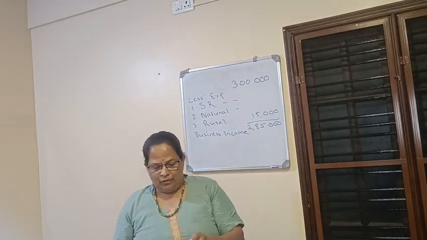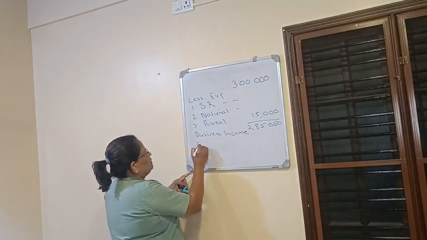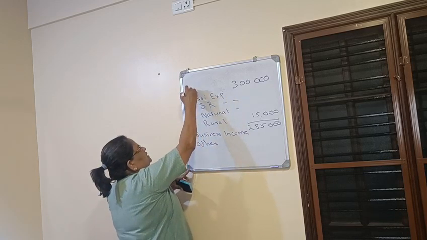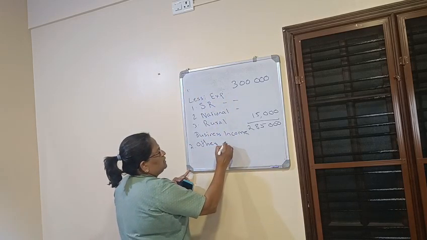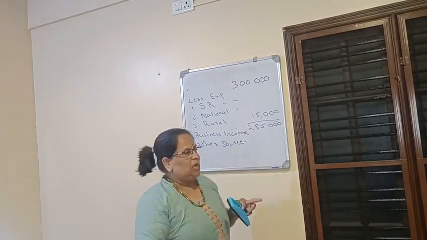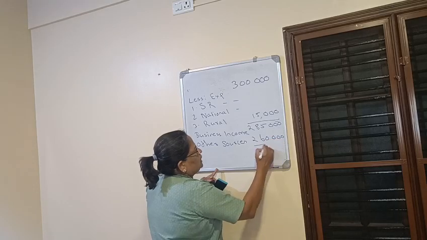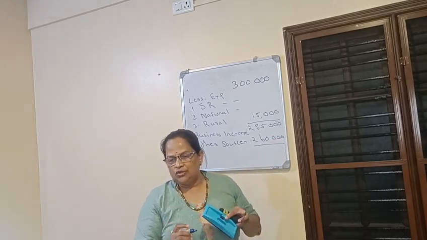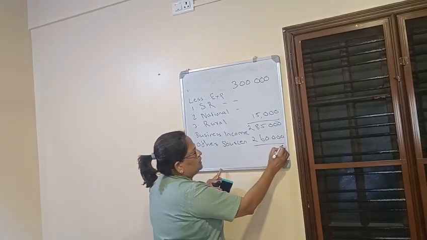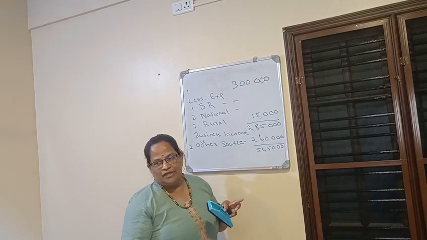Second, now we have income from other sources. This is the second point; business income is the first point. Income from other sources, the value given is 2,60,000. Now gross total income is 5,45,000.